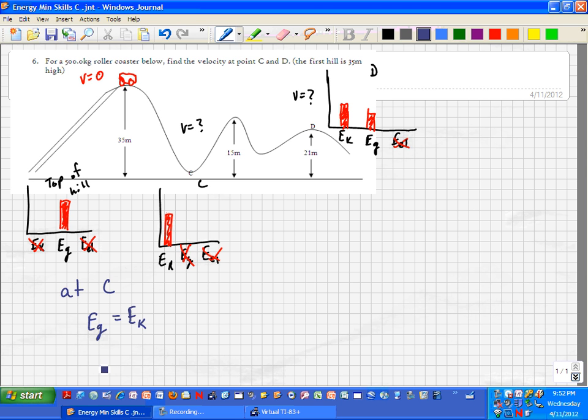So we've got mgh is going to be equal to Ek. I think I'm going to do this the slow route. So at the top of the first hill, we've got a mass of 500 kilograms times g, which is 9.8 meters per second squared, times h, which is 35 meters.